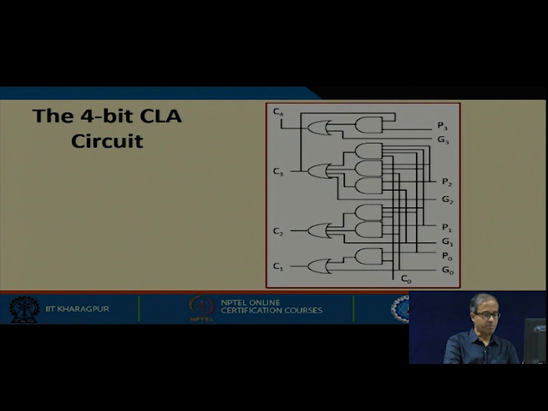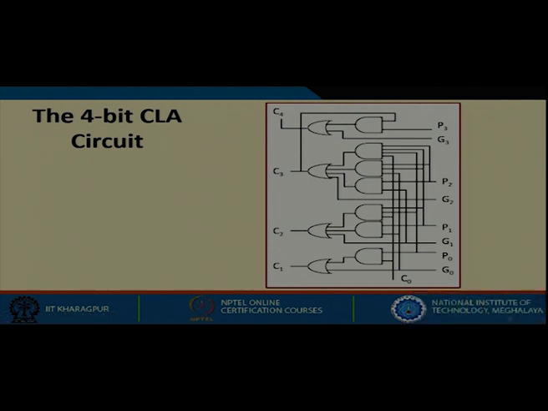But one problem is that if we look at this recurrence relation, as the number of n increases, the complexity of this function C1, C2, C3, C4, C5, C6, will go on increasing. So, the number of gates will also increase, the number of inputs of the gates will also increase. So, it will become increasingly difficult to implement or realize the function.